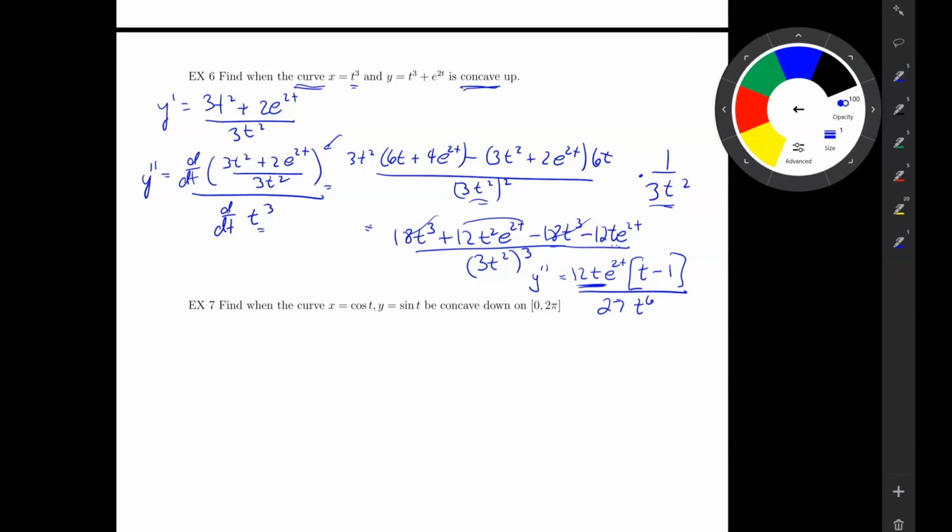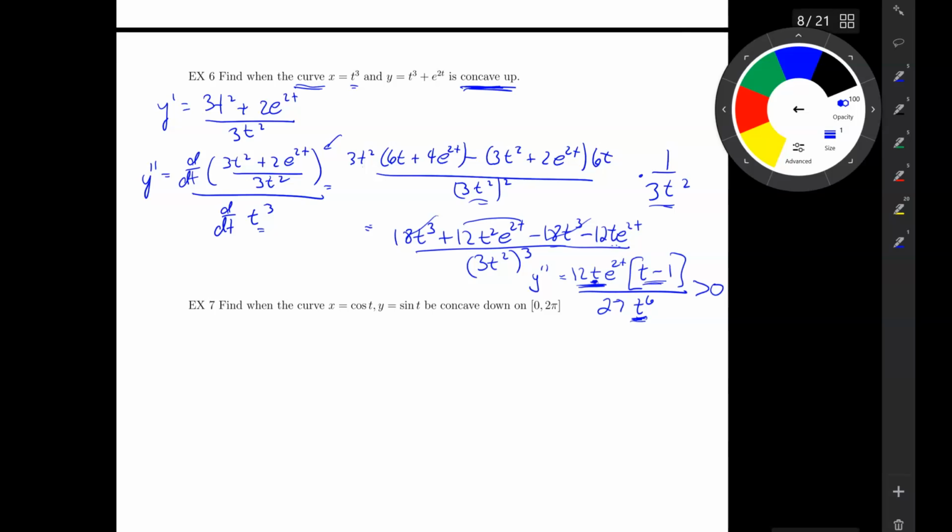So what am I trying to do again? I'm trying to find out when it's concave up. So I want this to be positive. Good news, no matter what t value I plug in here, it's going to be positive, right? Because I'm taking it to the 6th power. As long as t is bigger than 0, this is going to be positive.